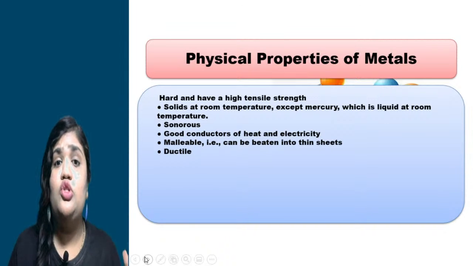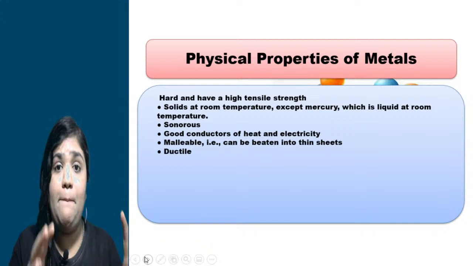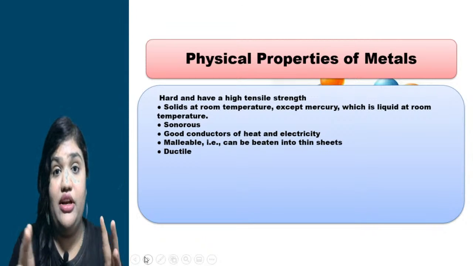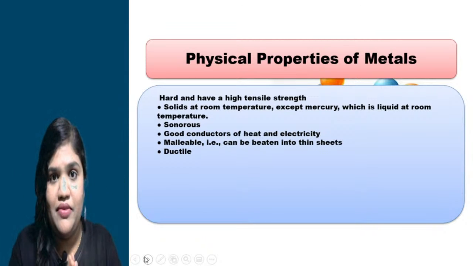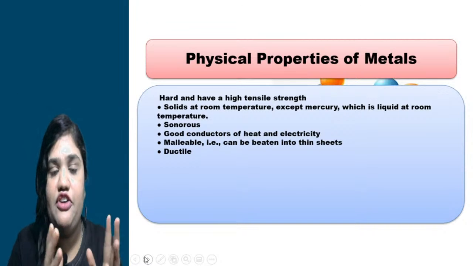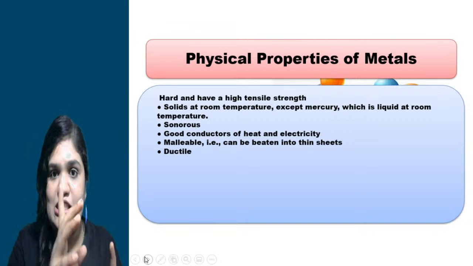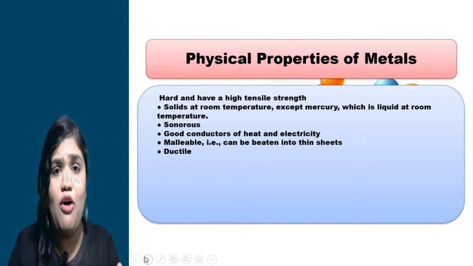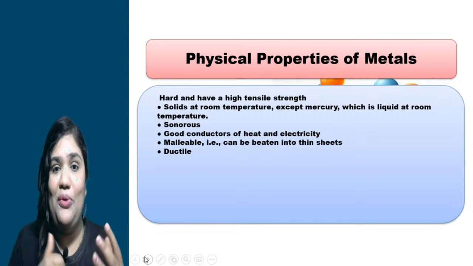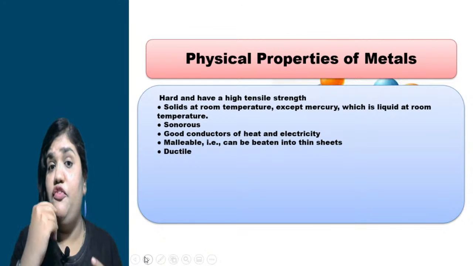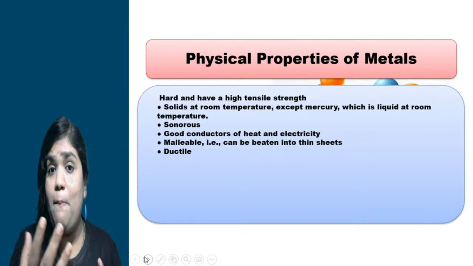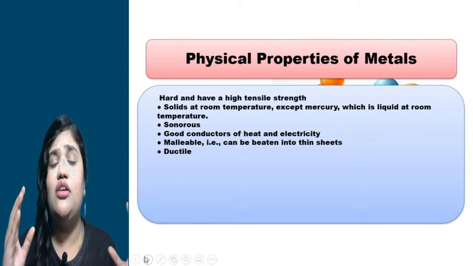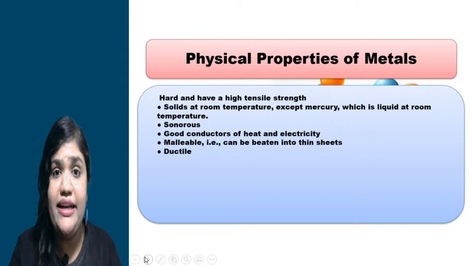Because mercury, though it is a metal, appears in liquid form. It has a liquid nature. So it is one exceptional case.